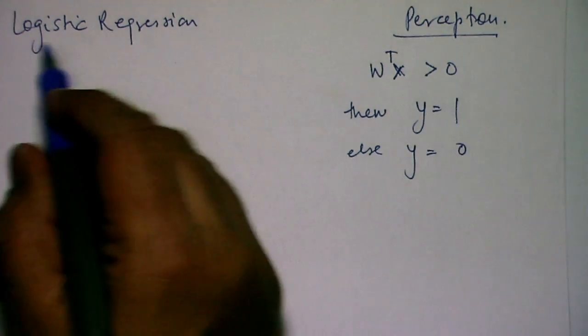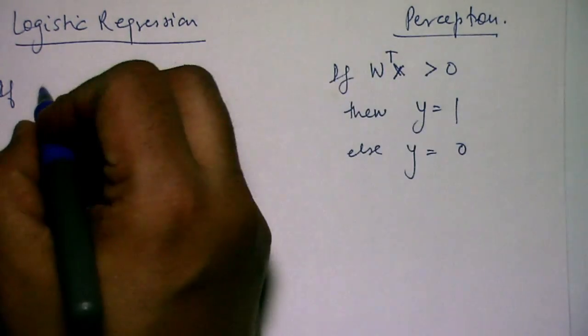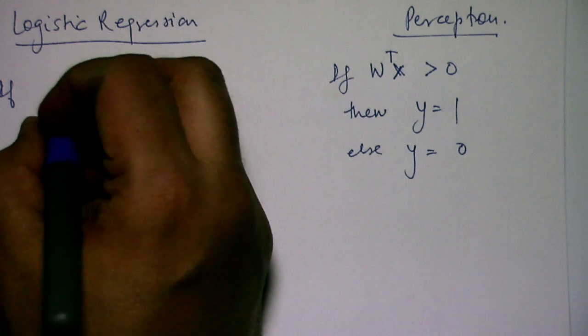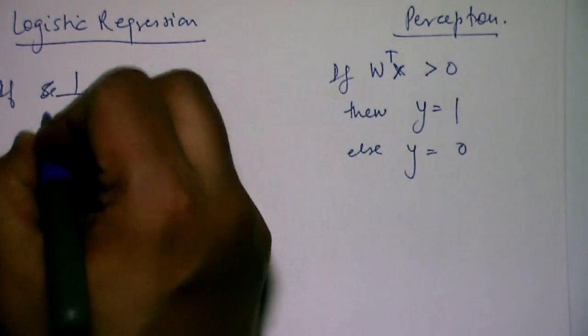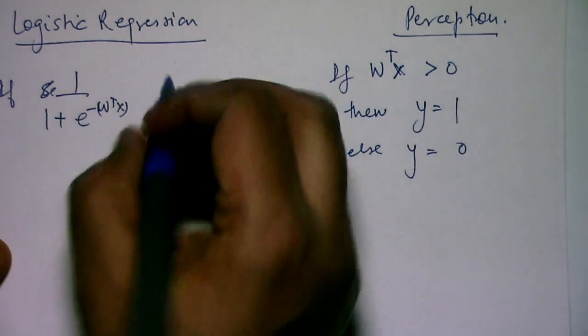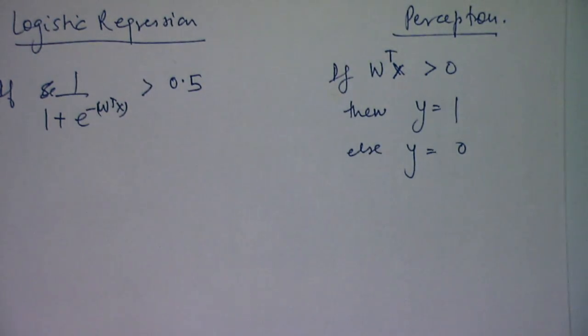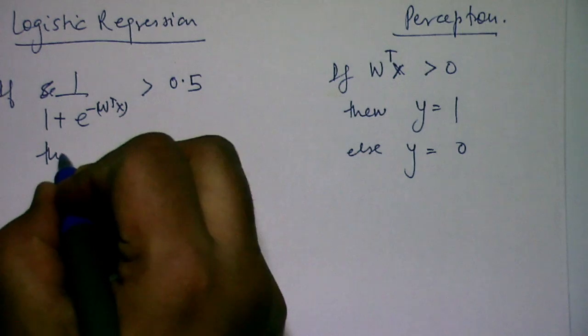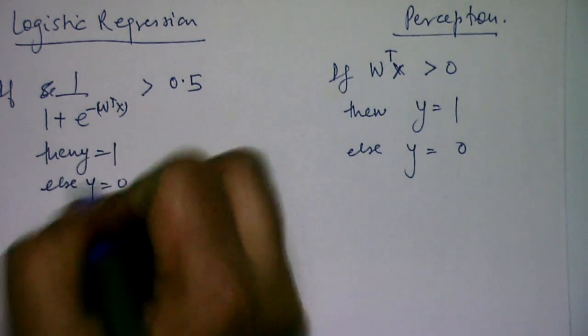In logistic regression, what we do is we say if sigmoid, right, so 1 over 1 plus E to the minus W transpose X, if this is greater than 0.5, so this is the probability of getting a heads, then Y is 1, else Y is 0, right?